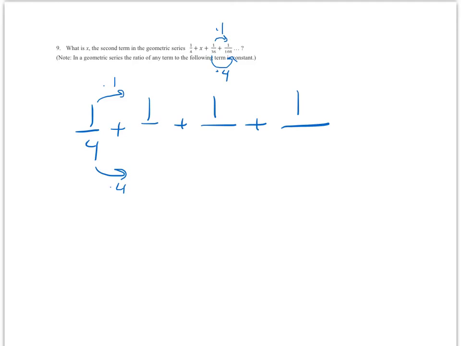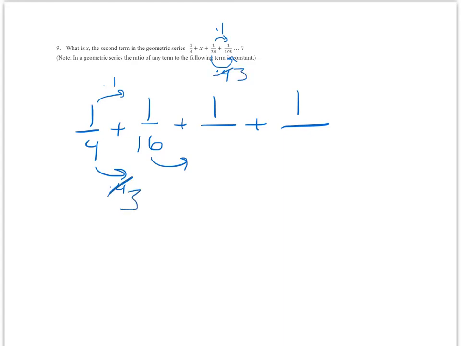If I'm multiplying by 4, 4 times 4 is 16. 16 times 4 is not 36. Not 36 at all, so my assumption was wrong. 36 times 3 is 108.